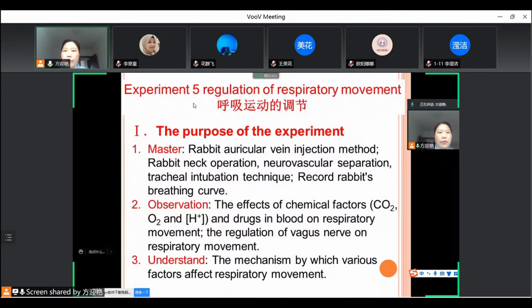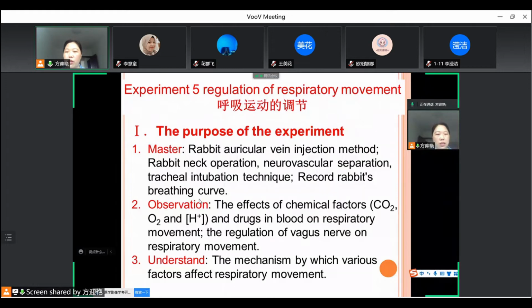We have described how to do the neck operation or surgery, and also the neurovascular separation, and majorly the tracheal intubation, and also recording the rabbit's breathing curve, or respiratory curve.